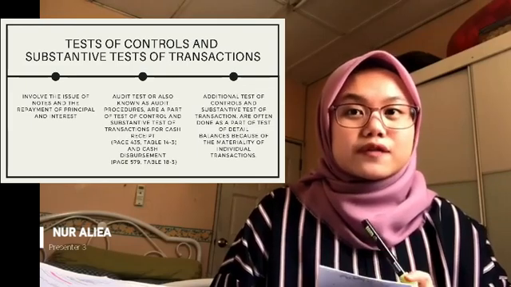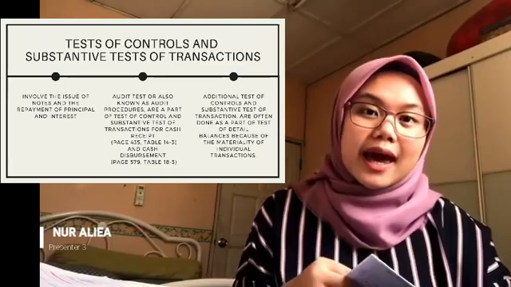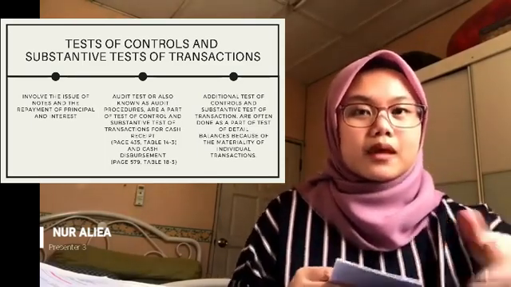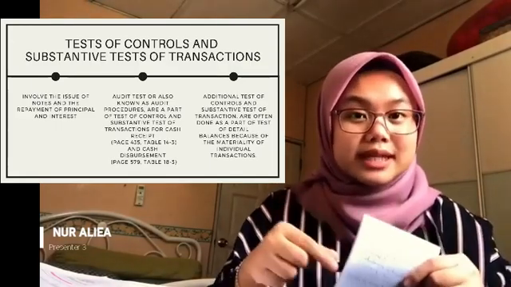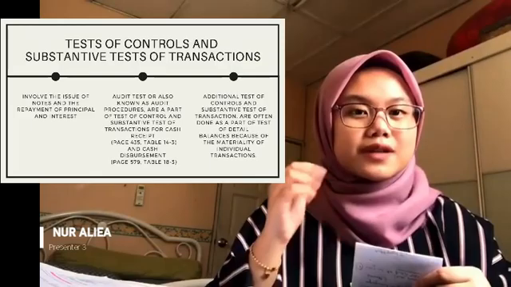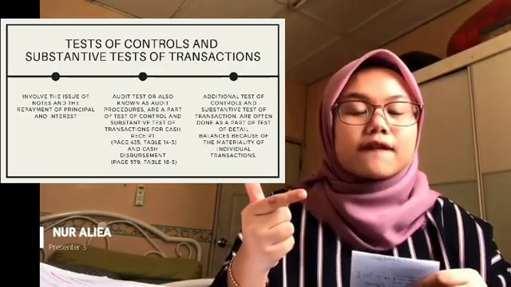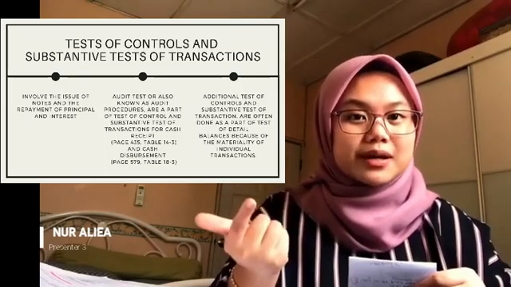So the test of notes payable transactions involves the issue of notes and the repayment of principal and interest. Audit tests, also known as audit procedures, are a part of test of control and substantive test of transaction for cash receipt and also cash disbursement.